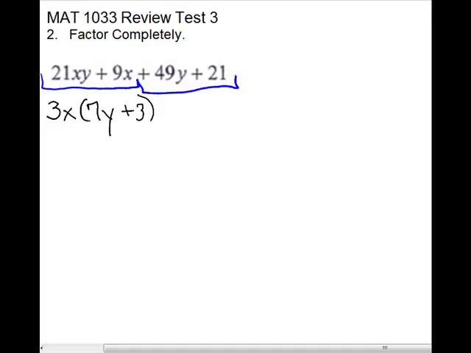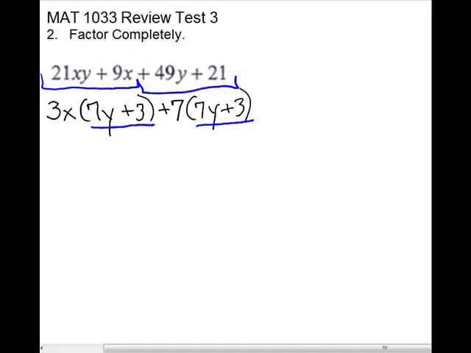Go into the second group. 49 and 21 have a common factor of 7. We'll make our parentheses. To get back 49, we need a 7 and a y. To get back 21, we need a 3. Then we look at the whole problem, and we hope we were able to get a common binomial, which we did.